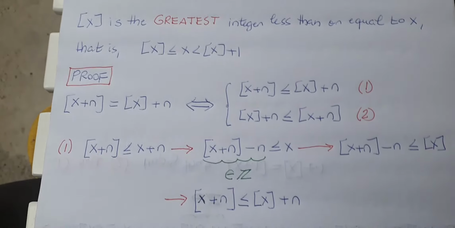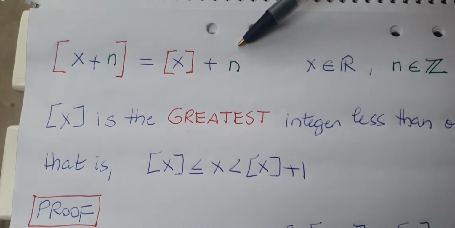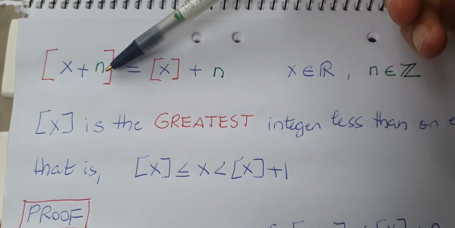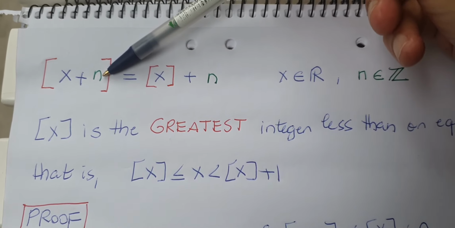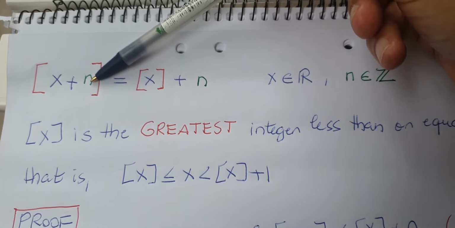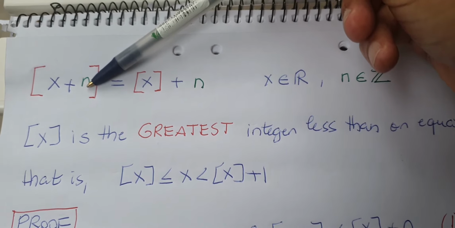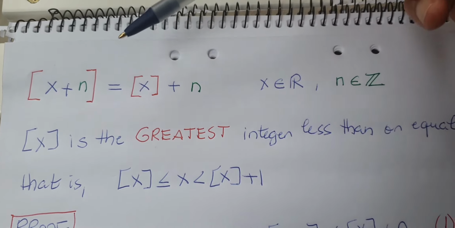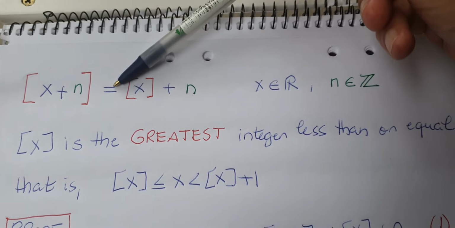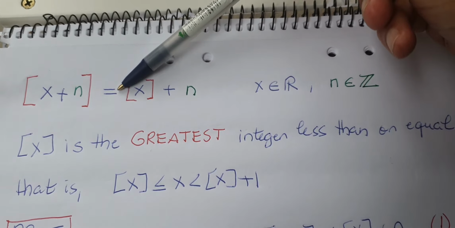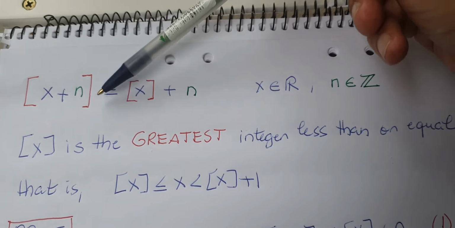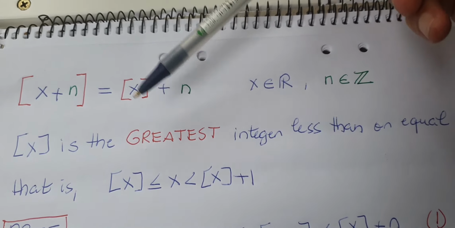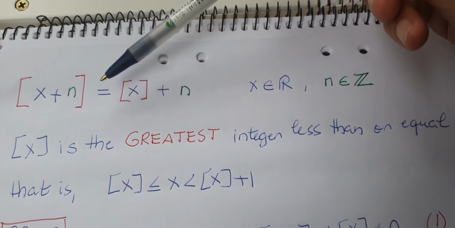So what this equality means is that if n is an integer, then n can be moved out of the square brackets without changing the equality sign. By moving the integer n outside the brackets, the equality still holds.